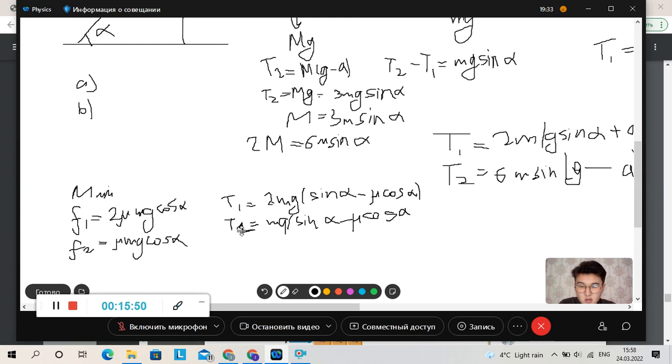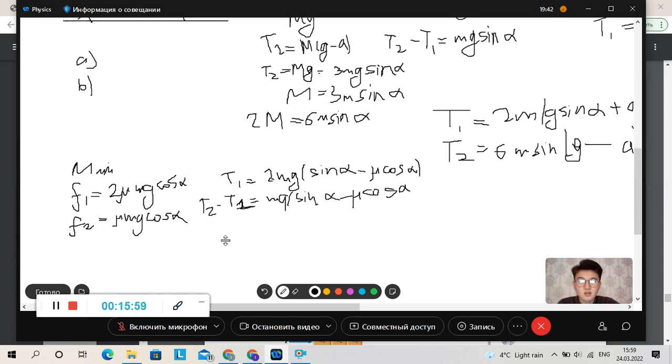Oh, this will be T2 minus T1 is equal to this, and this T2, we know that T2 will be the T1 plus mg, and this two part we need to the plus, and T2 will be 3 mg sinus alpha minus u cosine alpha.